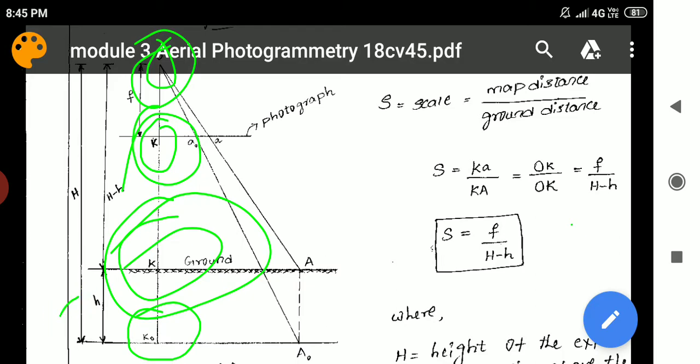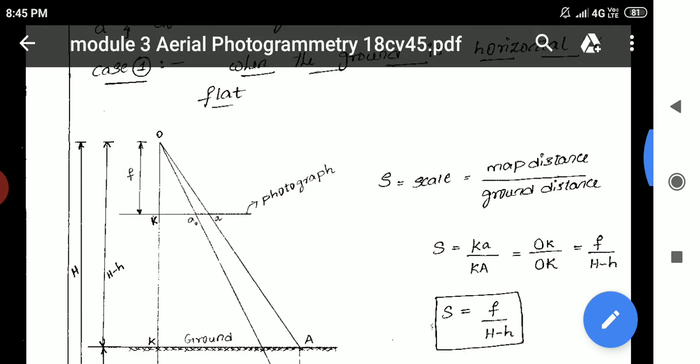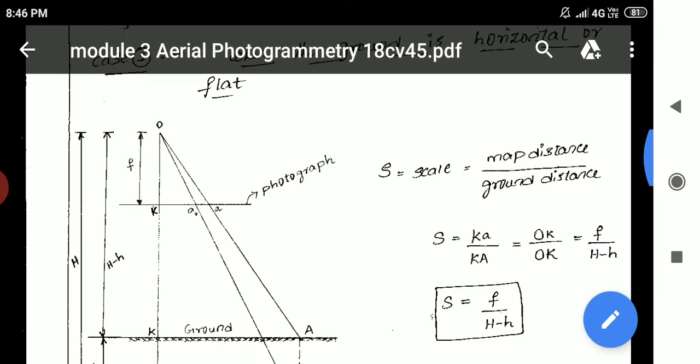From this point to this point it is the overall height. And we will discuss the derivations.